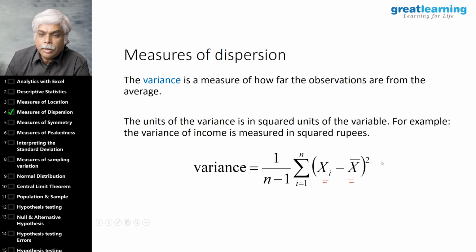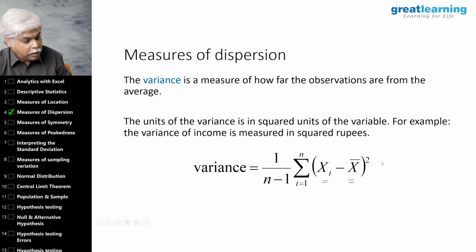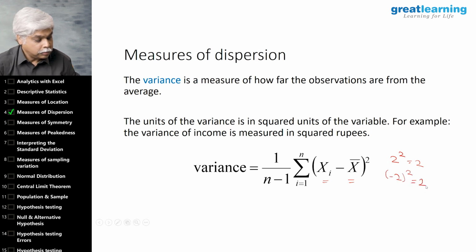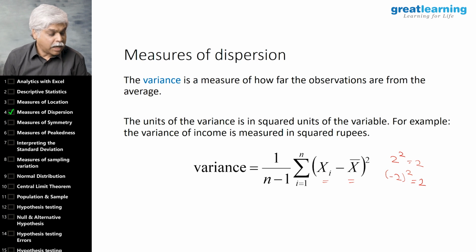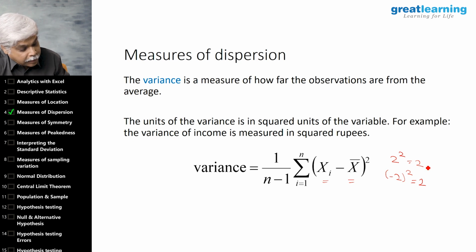Remember what the square of a number is? The square of, for example, 2 is 4. But the square of minus 2 is also 4. So if xi is 2 units away from the average, that contributes 2 into 2, which is 4.